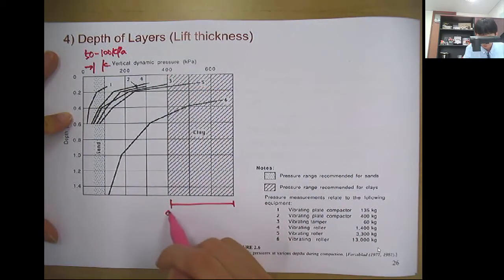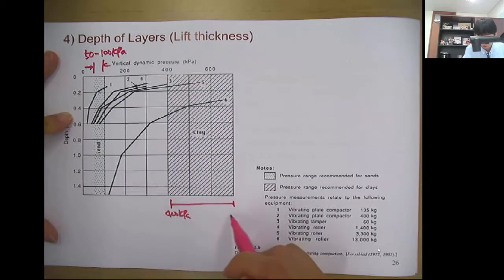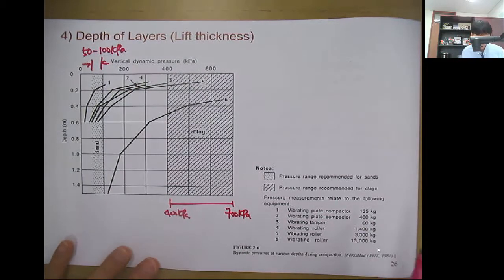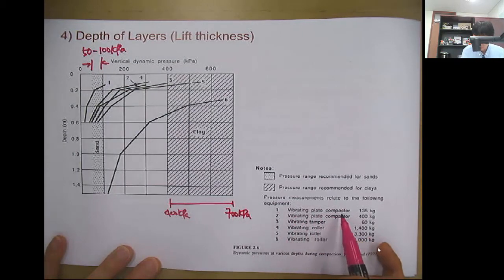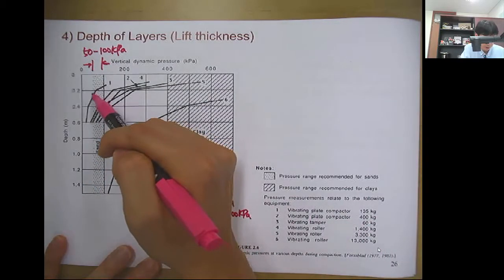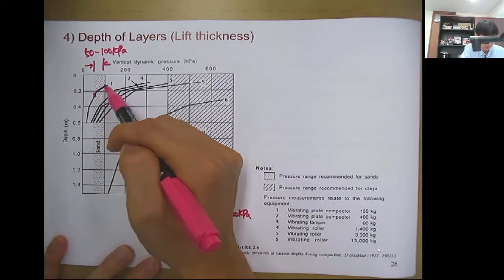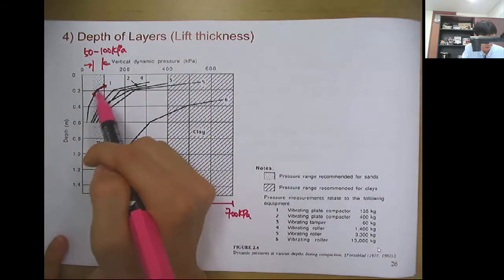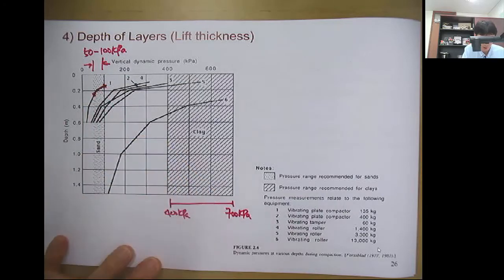So 700 kilopascal is the vertical dynamic pressure for the clay. So a vibrating plate compactor that is very lightweight has an optimal range of thickness of about, I think, 20 centimeter.